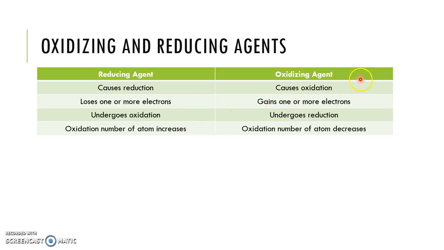Vice versa for the oxidizing agent. It will cause oxidation in other substances. It itself will gain electrons, it itself will undergo reduction, and it itself will decrease in oxidation number.